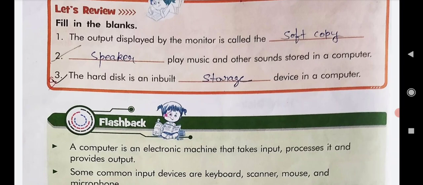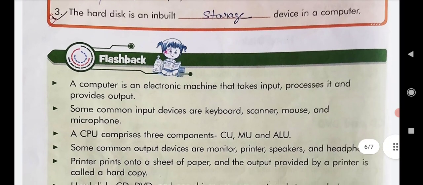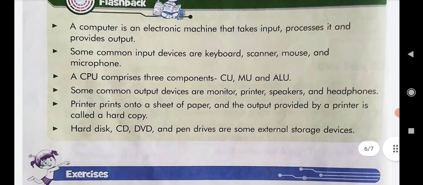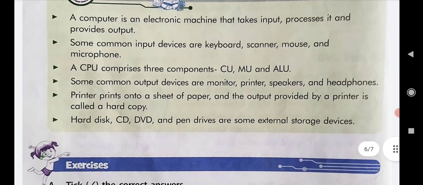By this we have completed the revisional explanation of chapter 2. Now have a look at the flashback. A computer is an electronic machine that takes input, processes it and provides output. Some common input devices are keyboard, scanner, mouse and microphones.